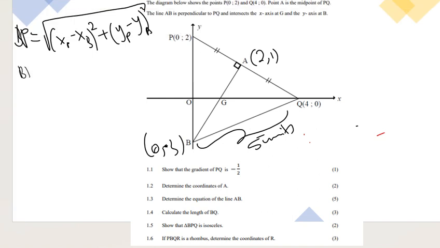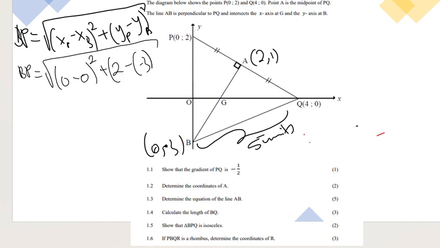So BP is equal to the square root of xp minus xb squared plus yp minus yb squared, which is 0 squared plus 2 minus negative 3 squared.